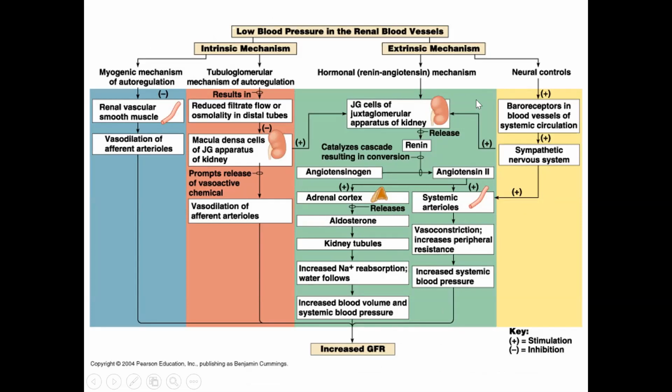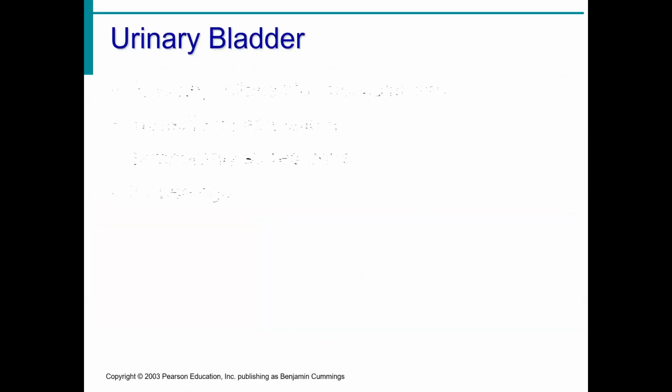The green part is the hormonal regulation, the yellow part is the neural regulation. Overall, the whole purpose is to change the systemic blood pressure to regulate the glomerular filtration rate.